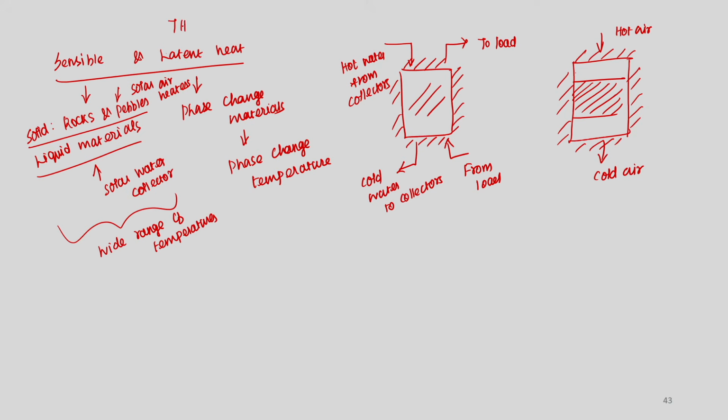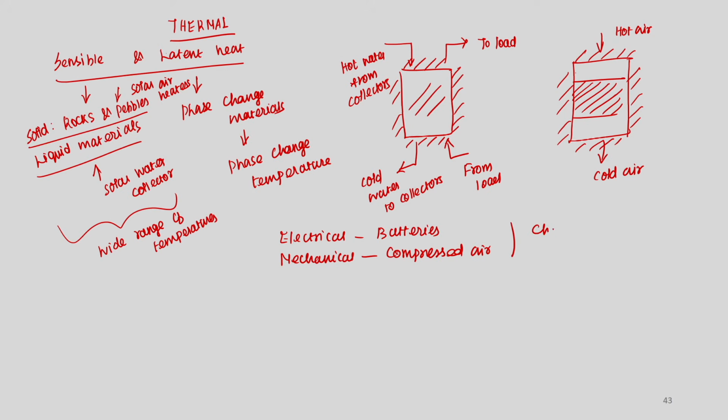This is the thermal part, where the solar radiation is converted into thermal energy. If it is electrical, you would store it in batteries. If it is mechanical storage, an example is compressed air.